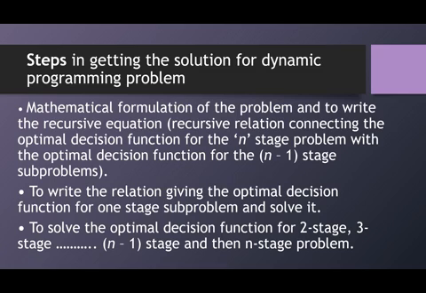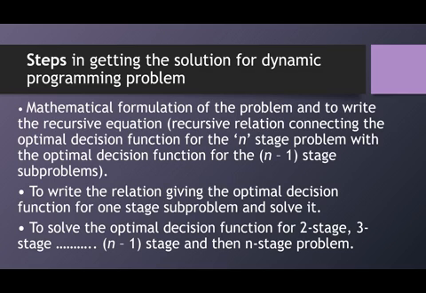See, let me consider an example of factorial and then correlate it to your optimal decision making recursively. So to find the factorial of 5, how do you find it out? You can write it as 5 into factorial of 4.